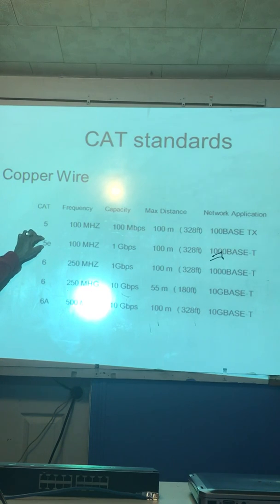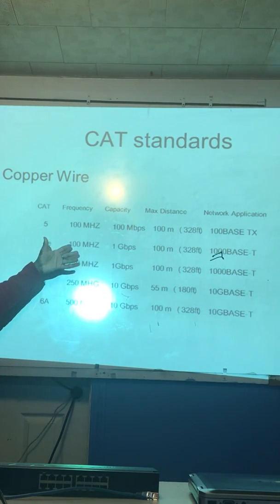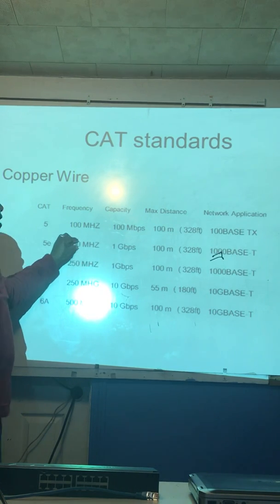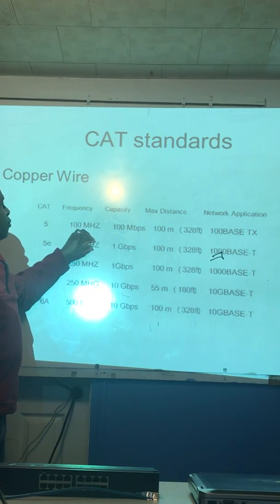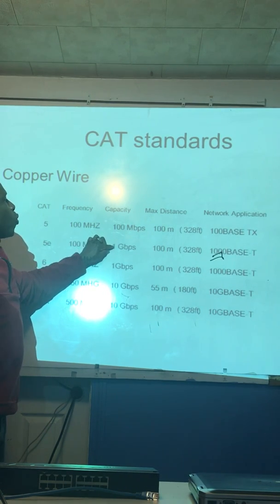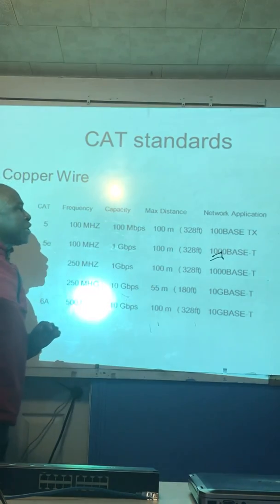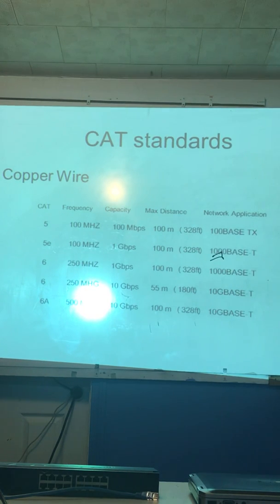We have the 5E cable, Cat5E. You can find Cat5E in many networks today. Actually, to connect a computer or a laptop to a switch, you can use Cat5E, because Cat5E supports 100 megahertz and can support up to 1 gigabit speed, and can go up to 328 feet.